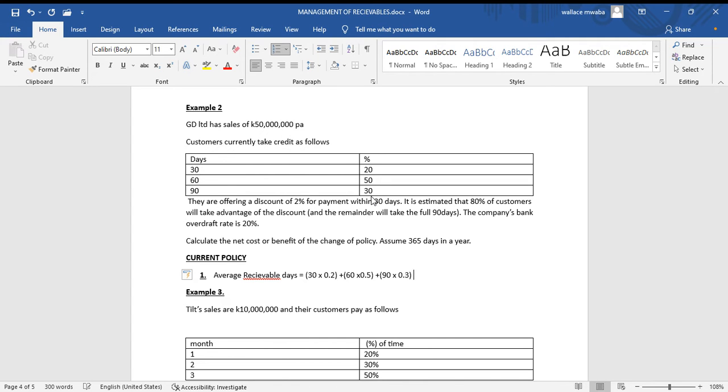So 30 times 0.2, that is 6. Get your calculators also to confirm. 60 times 0.5, that is 30, plus 90 times 0.3, we get 27.